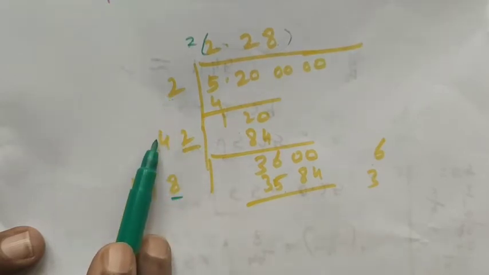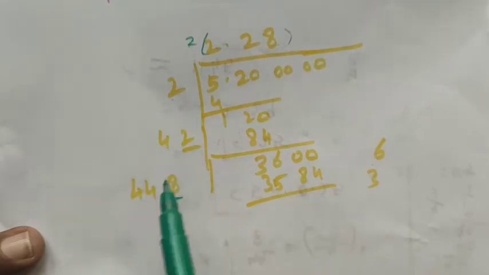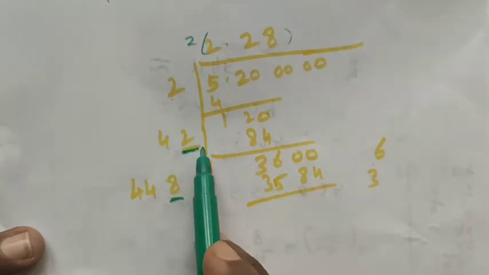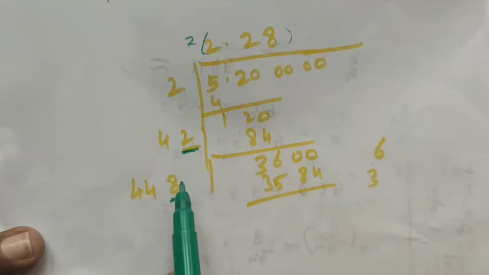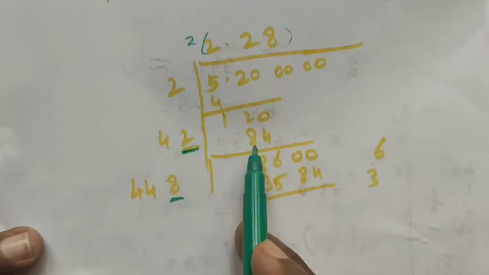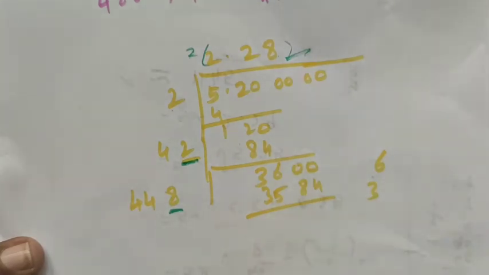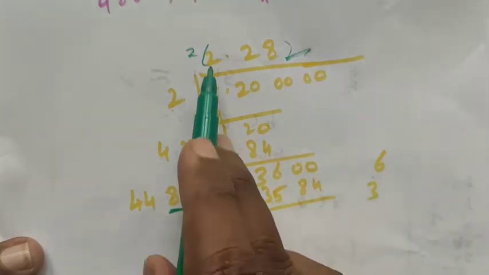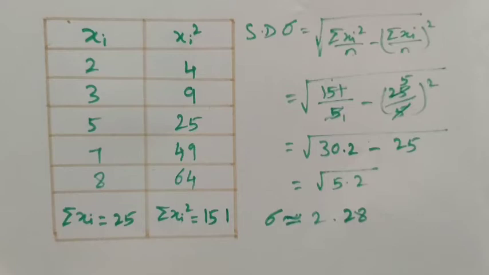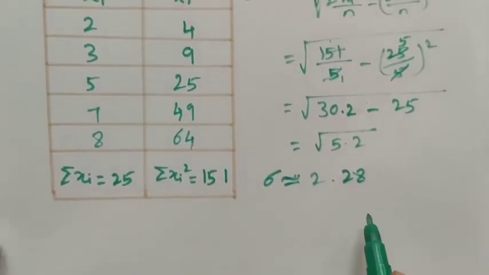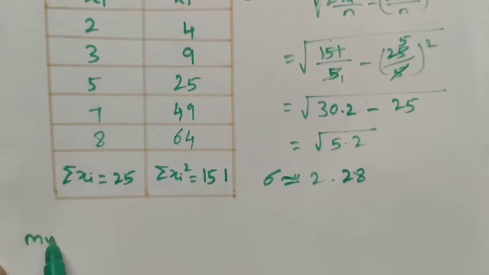Multiplying by 2 gives 4, and then we enter one number that should not exceed the remainder, so 42 is the exact number. So the square root of 5.20 is nothing but 2.28. So the standard deviation sigma is approximately 2.28.